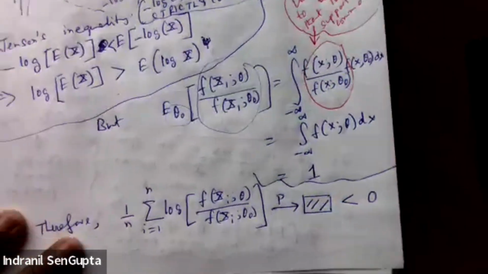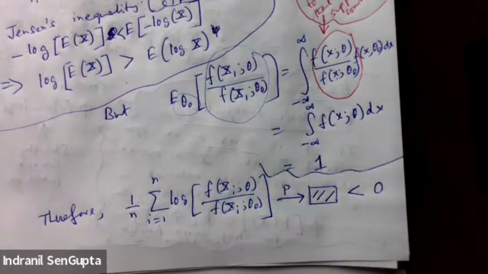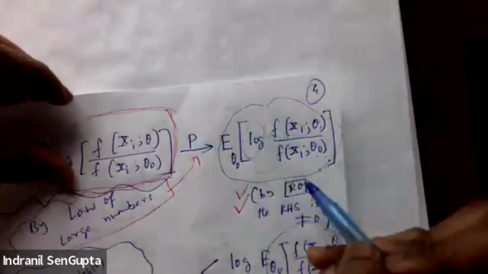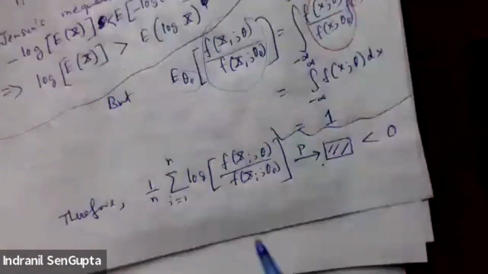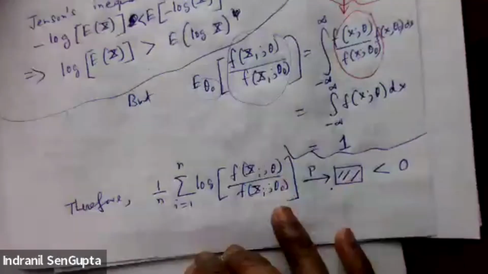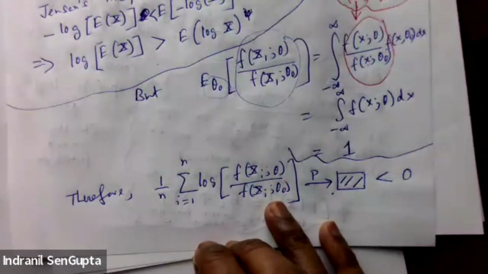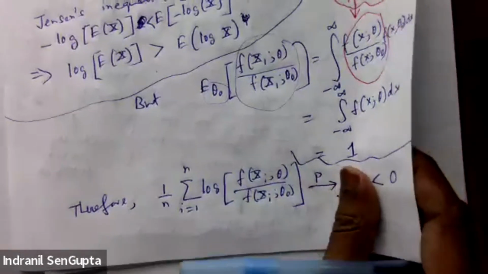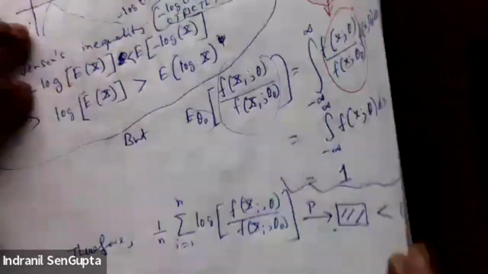Do you agree? It's going in probability to this object which is strictly less than 0, so it's going to a negative object in probability. That's pretty much it. That's what we started off with.